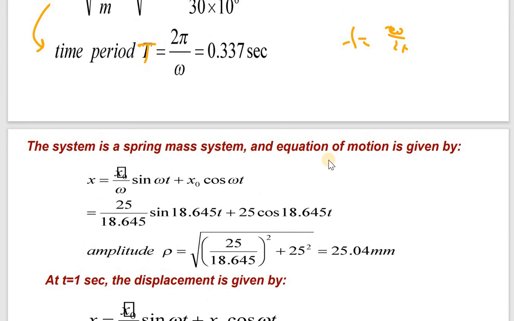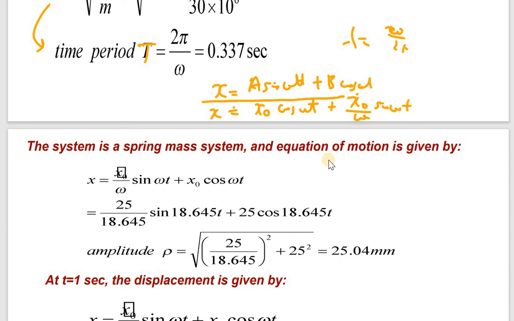Here, you need to understand the equation of motion. X is equal to A sin omega t plus B cos omega t. And this equation we have written like this: X is equal to x0 cos omega t plus x dot 0 by omega sin omega t.